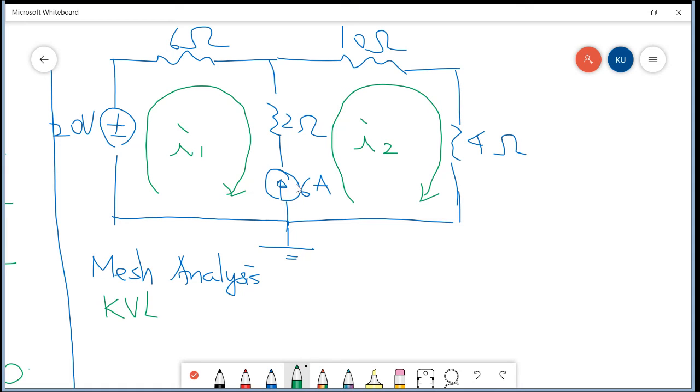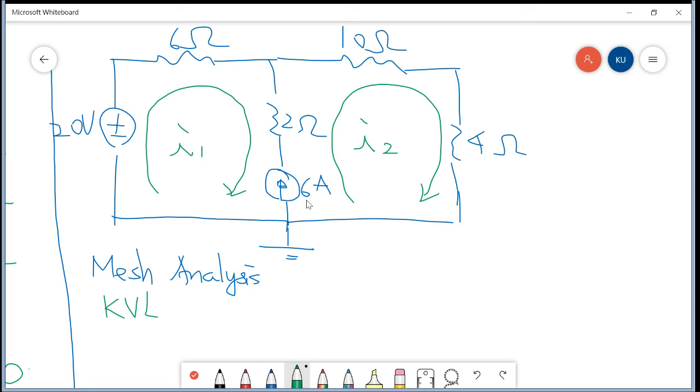But for the current source, as you know, the current is fixed, but you won't be able to know the voltage drop. You cannot write an equation of the voltage drop here.